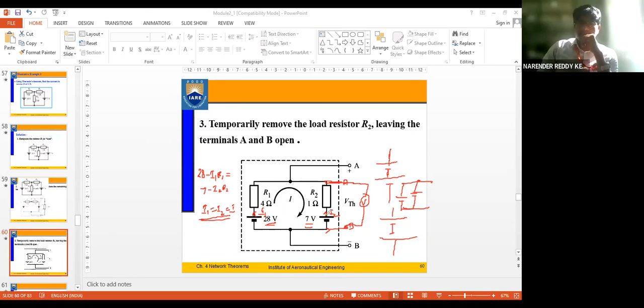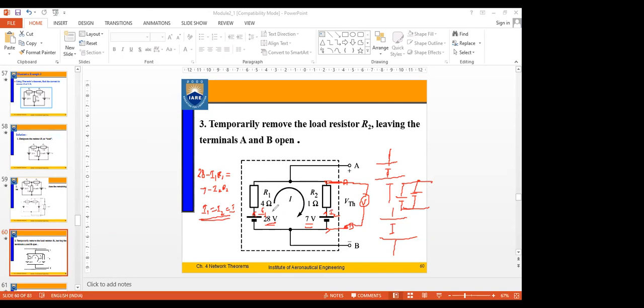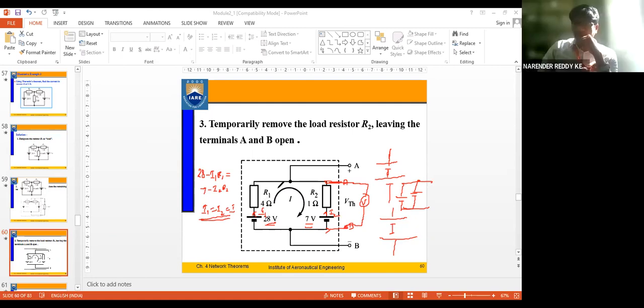So we assume that only 5 amperes is flowing through the circuit. We are least bothered about the individual values. We are only bothered about the current that flows in this path. We are not defining the capability of the source. We are just knowing the value of current which is flowing in the circuit.